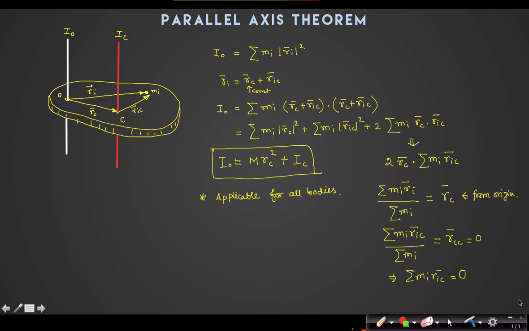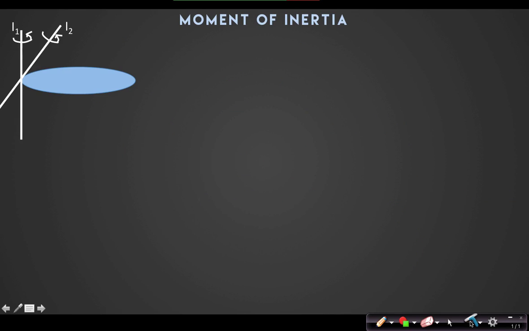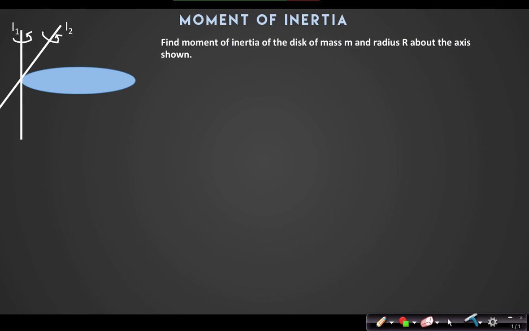Let us see a few applications of this parallel axis theorem. Can you find moment of inertia of this disk of mass m and radius r about the axis shown in the figure? You can see that this axis is the x-axis, suppose; it is the y-axis, and it is the z-axis.